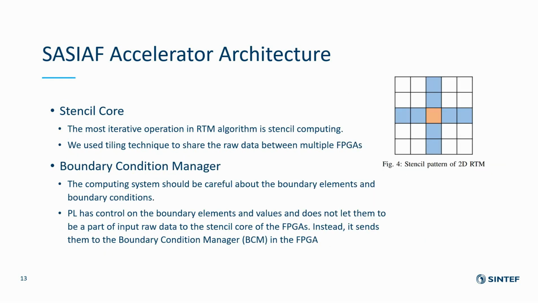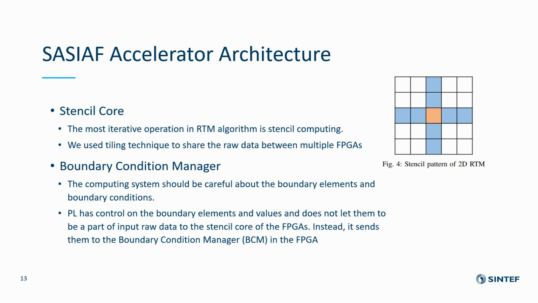Then we have a stencil core that we talked about. It's a cross stencil core for this case, and we use a tiling technique to share the raw data between multiple FPGAs. We have a boundary condition manager because in these cases, when you are close to the boundaries of the input matrix, you cannot continue with this stencil.